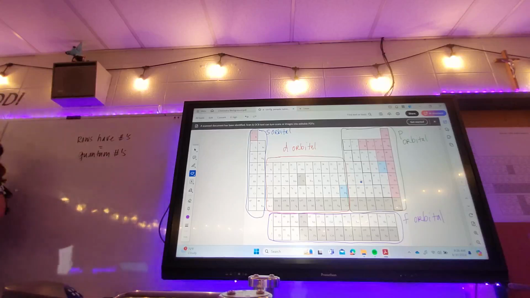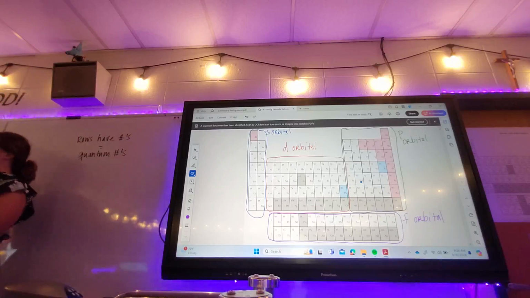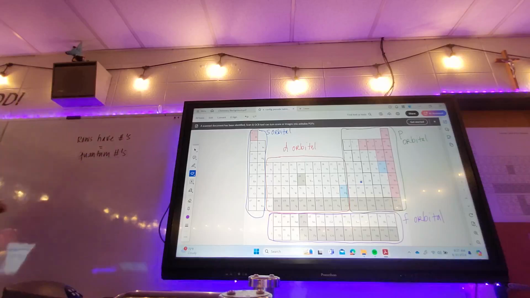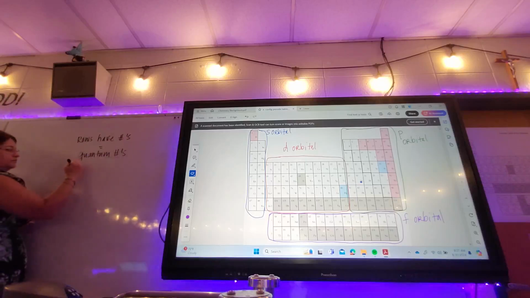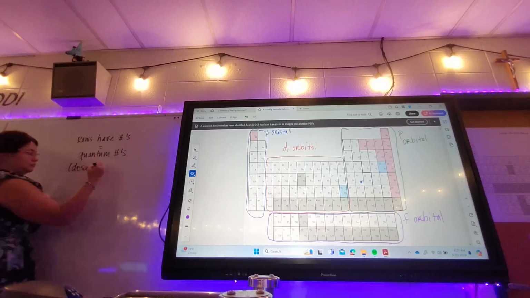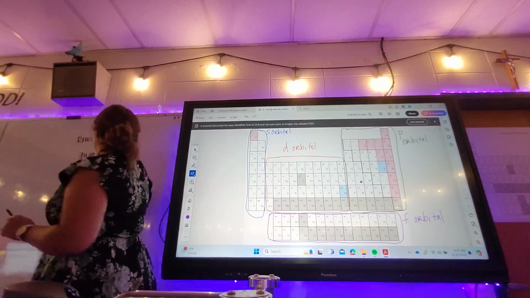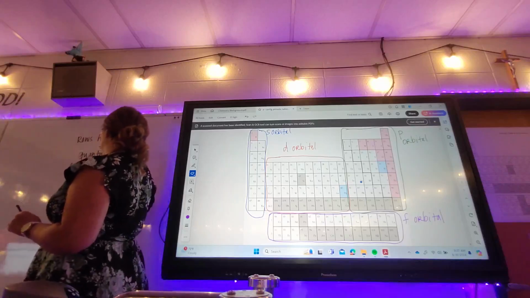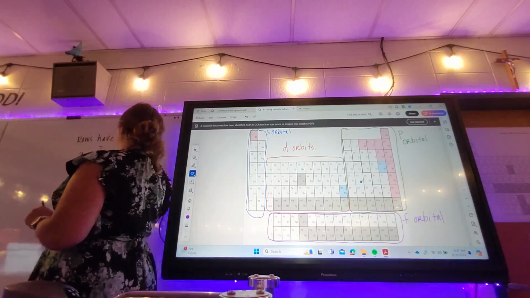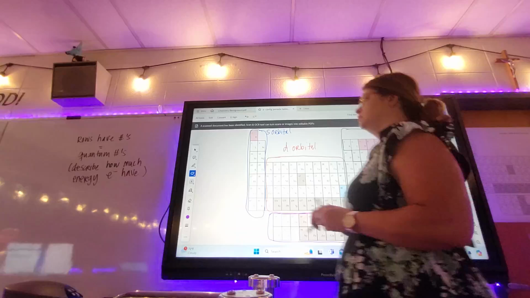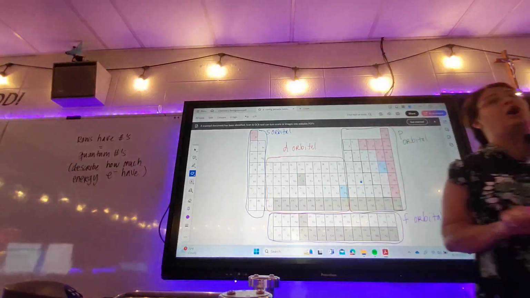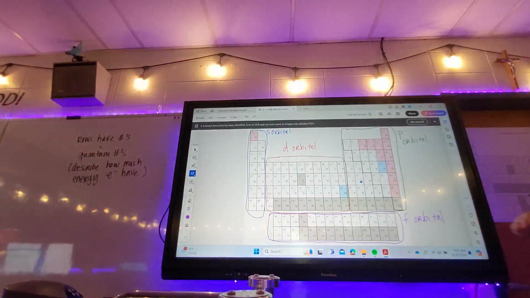Quantum numbers describe how much energy an orbital has. Rows have numbers. Those numbers are called quantum numbers. Quantum numbers describe how much energy electrons have. The higher the quantum number, the higher the energy.